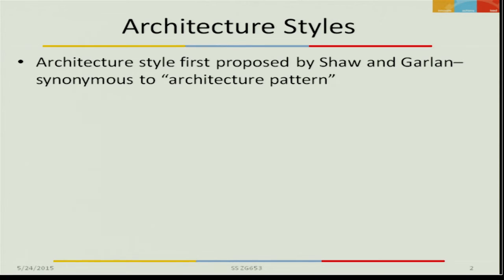Basically, they had been instrumental in defining software architecture, and even in creating architecture description languages, and they used the term architecture styles. So style is basically synonymous to architecture pattern. In other words, style and pattern are more or less the same. They mean the same thing today.